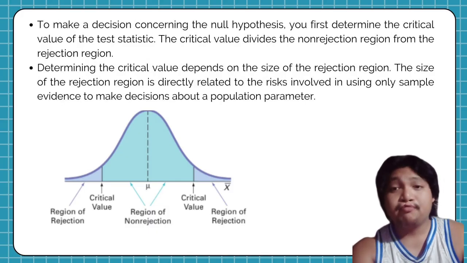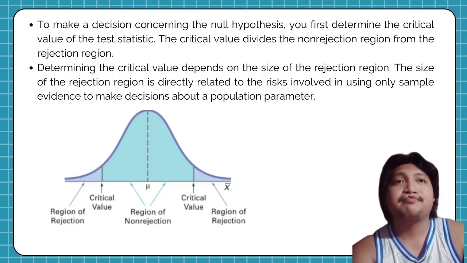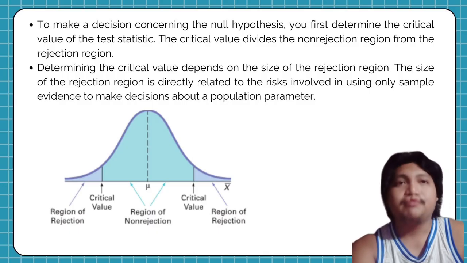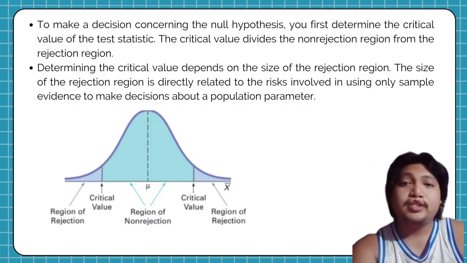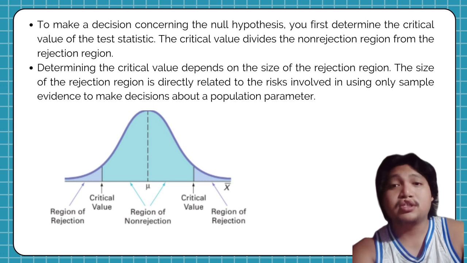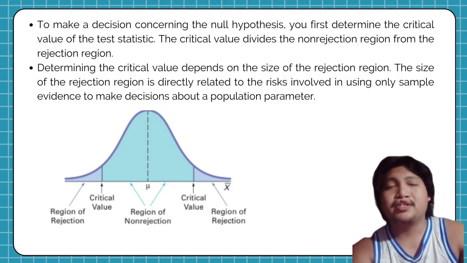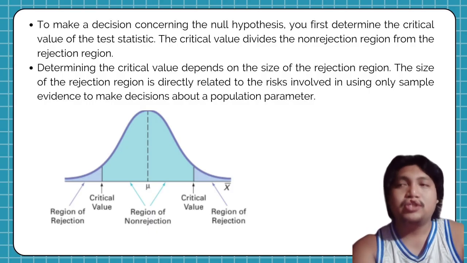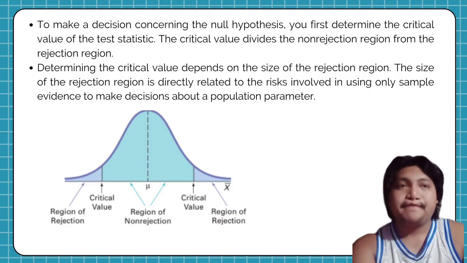So the region of non-rejection, also known as the region of acceptance or acceptance region, is the area where the null hypothesis is not rejected. If the statistic falls under the non-rejection region, there isn't enough evidence to reject the null hypothesis. This region is determined by the significance level, or alpha, and there are two types of tailed test.